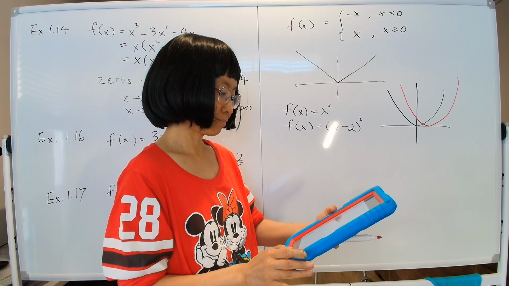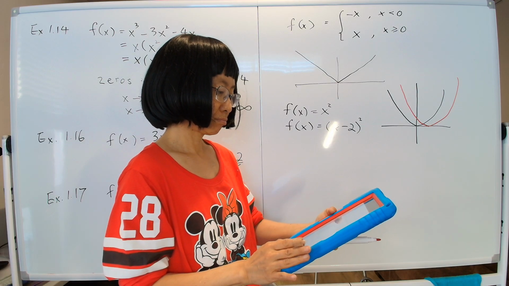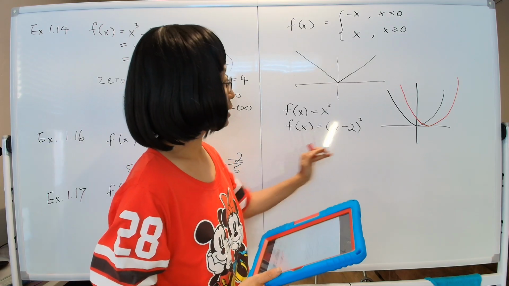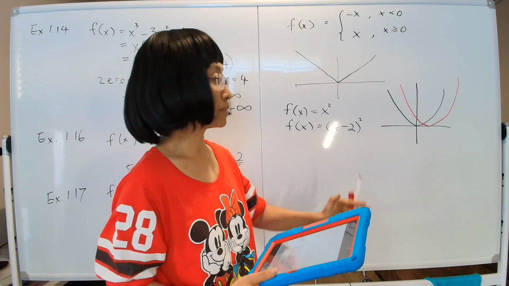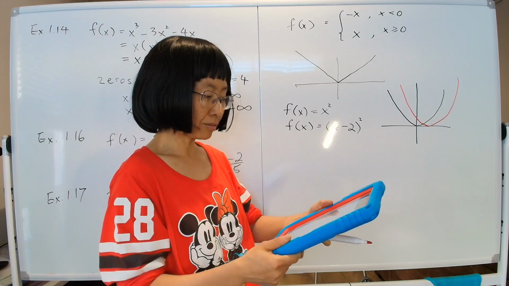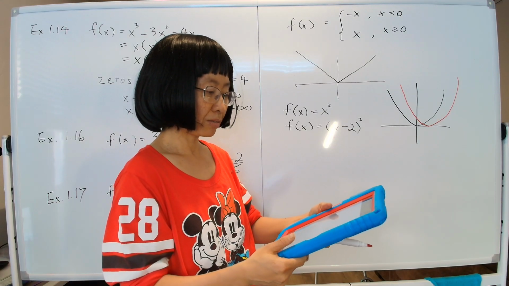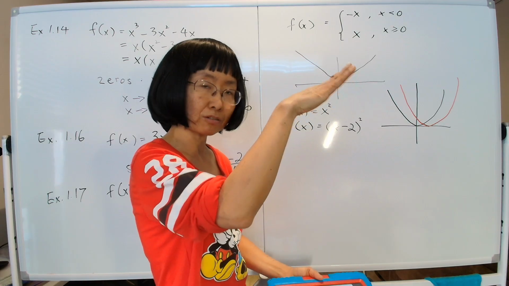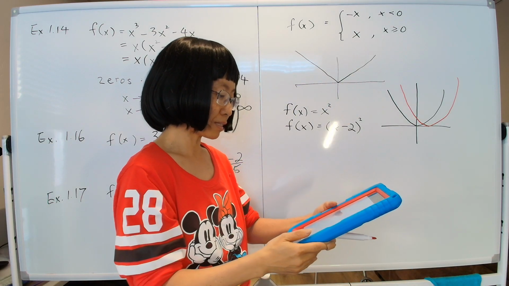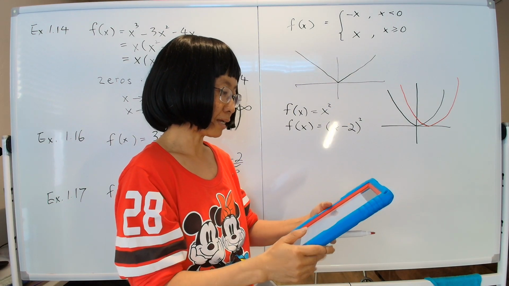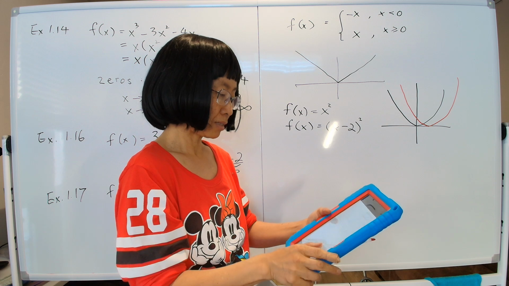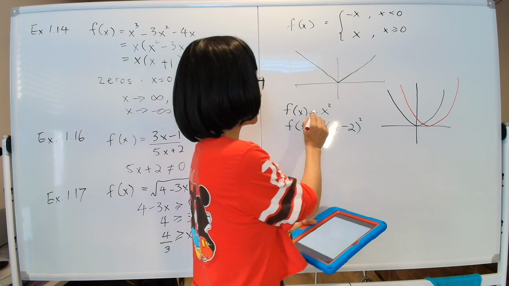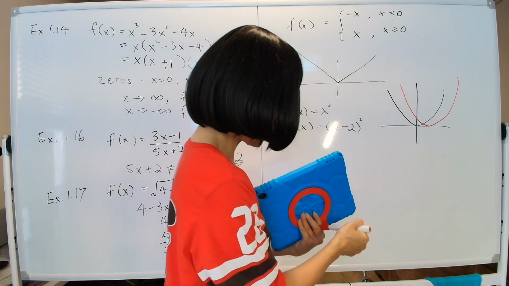Let's see. For this kind of transformation, the graph shape doesn't change. But there's also a way of transforming it where you stretch it. The shape does change in the sense that it got stretched or compressed. That's when, for example, you multiply by something.